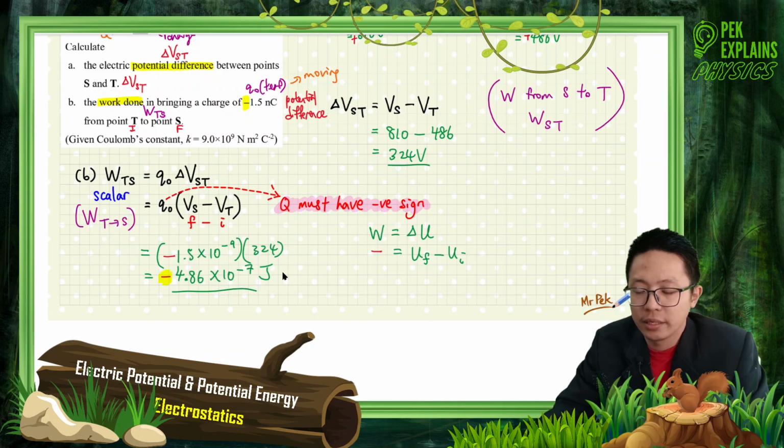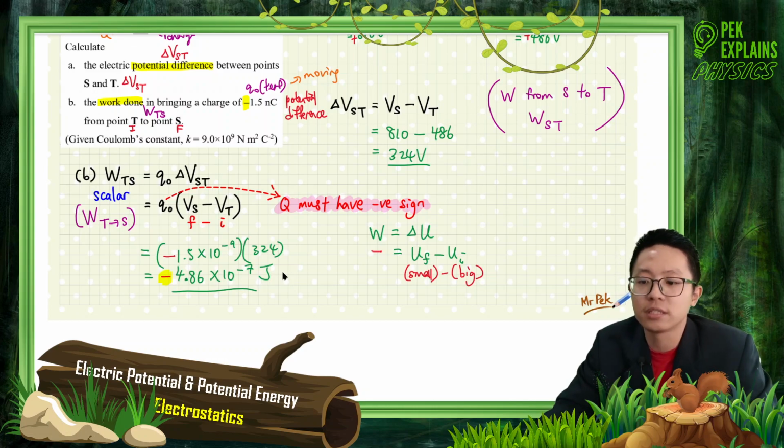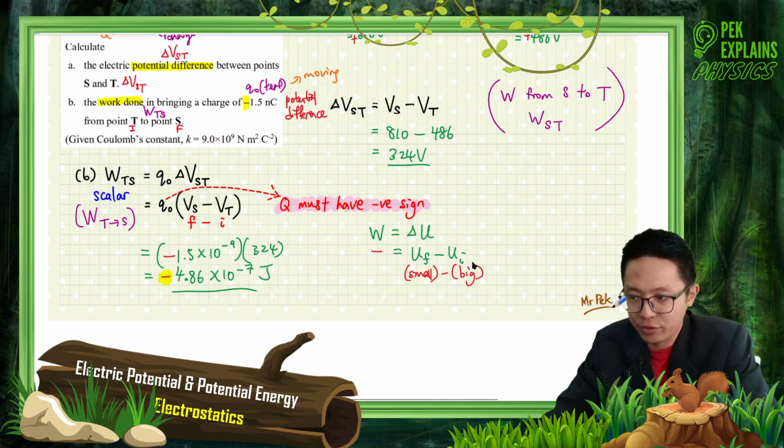Negative means the final potential is smaller and the initial potential is bigger, isn't it? It's like a small value minus a big value. If small minus big, you get a negative value. It means a loss in electric potential energy.